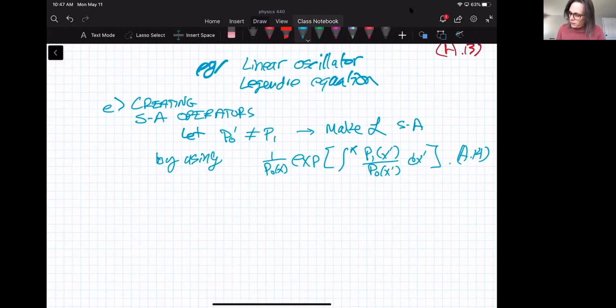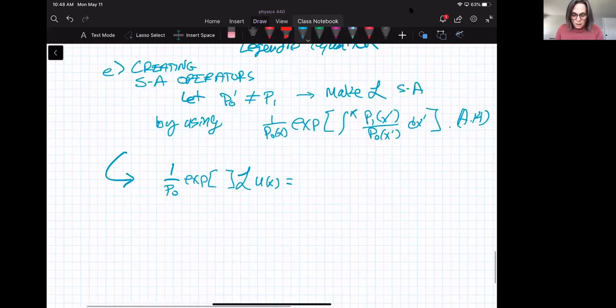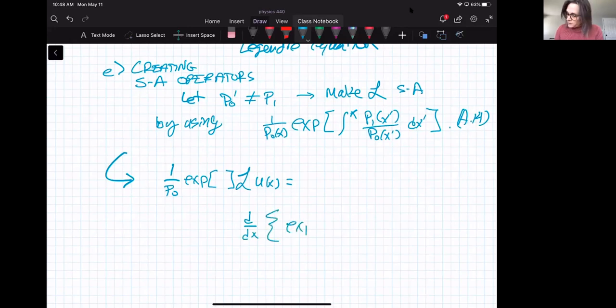So what this gives us is 1 over P0 times this exponential factor, that's what's in the brackets there, times L operating on u of x, is equal to d/dx of this exponential term times du/dx, plus P2 over P0 times this exponential times u.